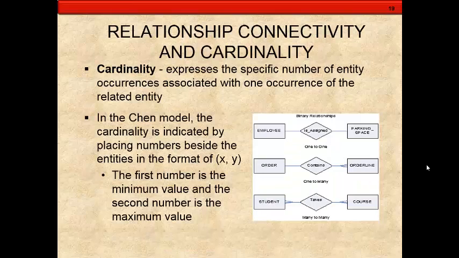But the last piece of designing a data model, the ERD, is about the business rules, and that's the cardinality. And these are the rules about that relationship connectivity, meaning that you're identifying the number of occurrences of one entity that can be associated with the other entity.